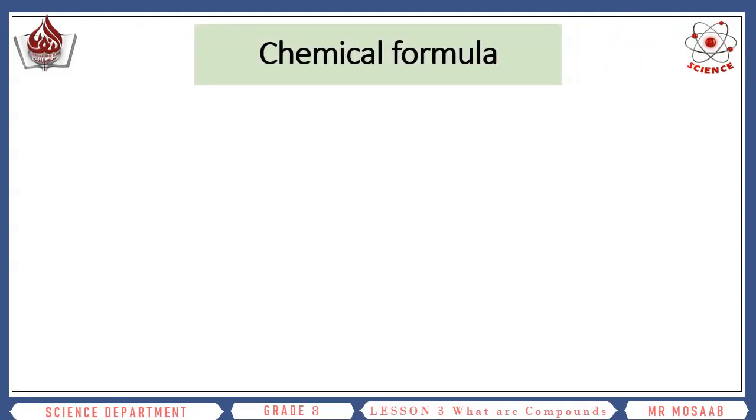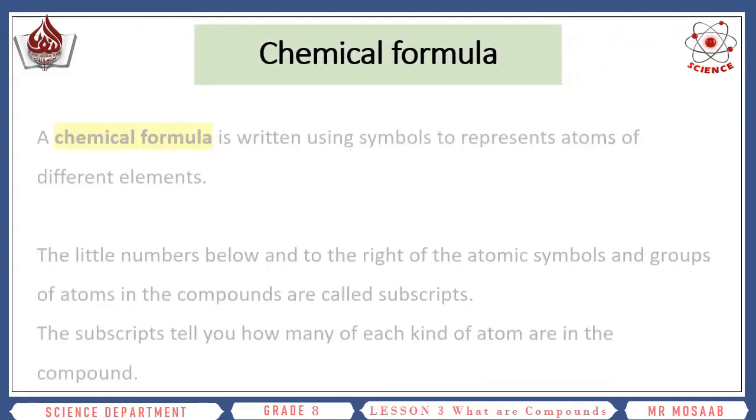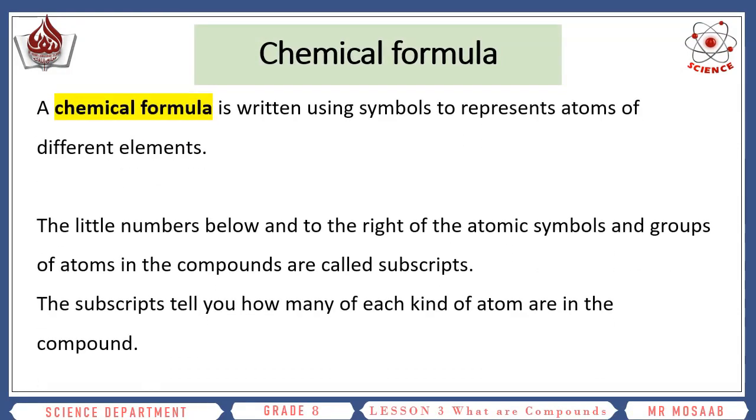Now, we all should know the chemical formula that we have written in the last example. A chemical formula is written using symbols to represent atoms of different elements. So we use the symbol of the atom to represent the different elements.